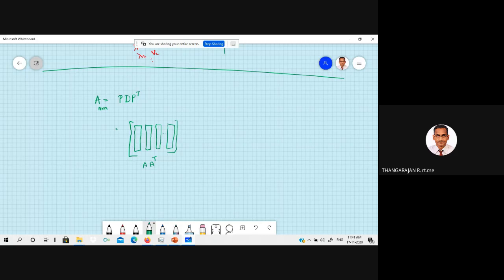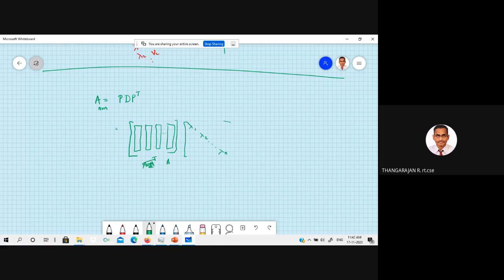Sorry, not that. For a symmetric matrix, it contains the eigenvectors of A. That is nothing but P. P is a matrix which contains as columns the eigenvectors of A, multiplied by a diagonal matrix D which has the eigenvalues in the diagonal.